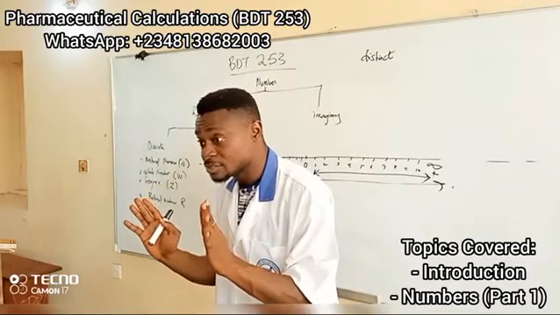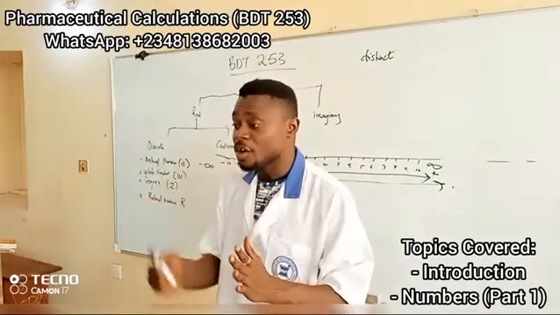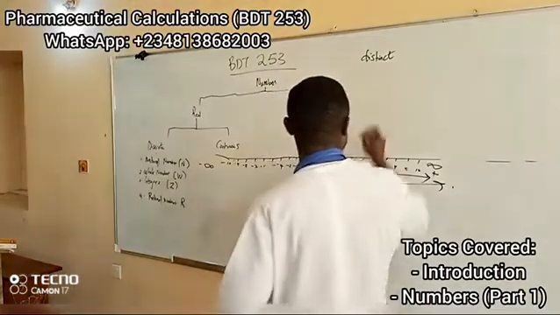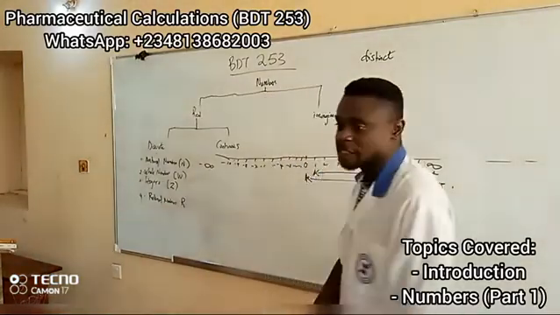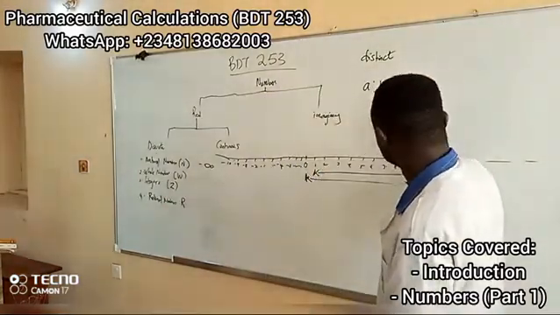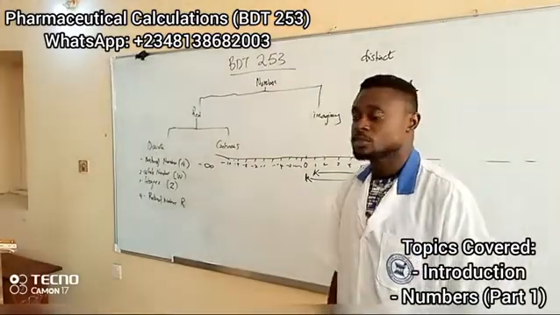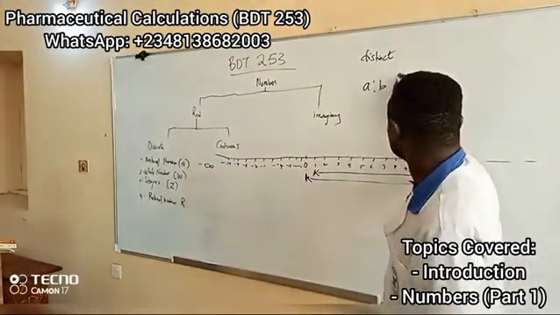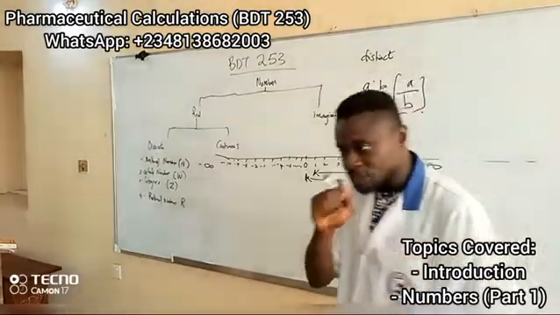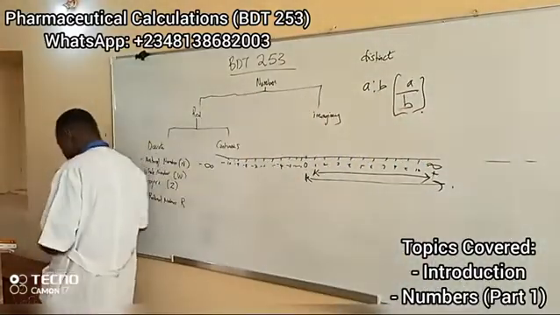When they say ratio, what comes to your mind? Fraction. True or false? The ratio of A to B can be expressed as a fraction. So this is a rational number. But there is something you need to note about rational numbers.